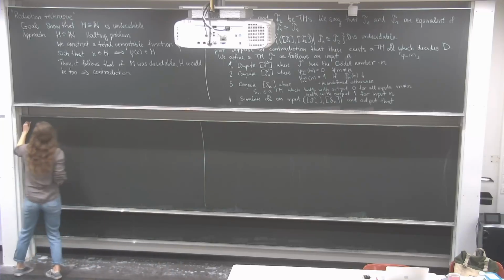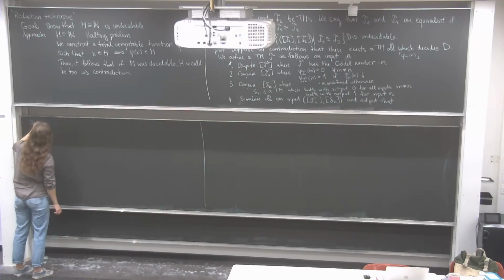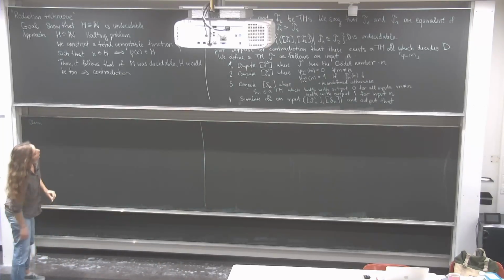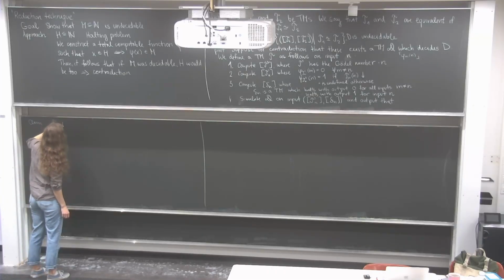So now the claim, which should be pretty straightforward, is that this Turing machine T decides the halting problem.